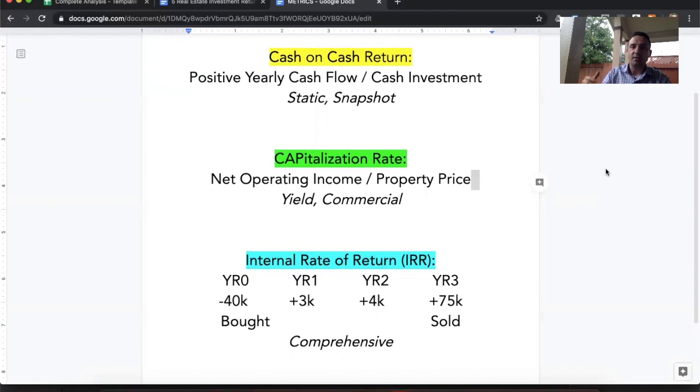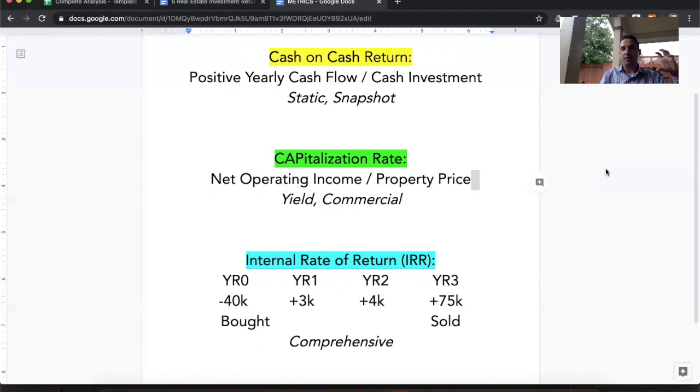And finally, the most comprehensive, in my opinion, of all metrics is the internal rate of return. And this metric looks at a property in a timeline. It looks at it as a series of cash flows from year zero, which is the year of purchase. So in this case, we've reflected a negative 40,000, meaning a negative $40,000 investment that goes into the property because it's going away from the investor and into the property.